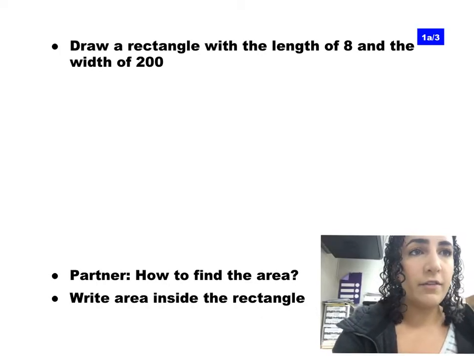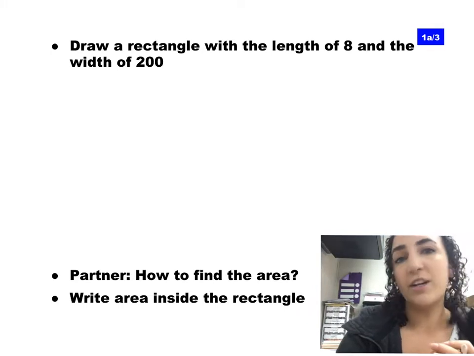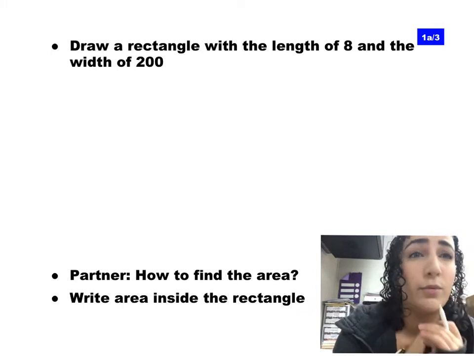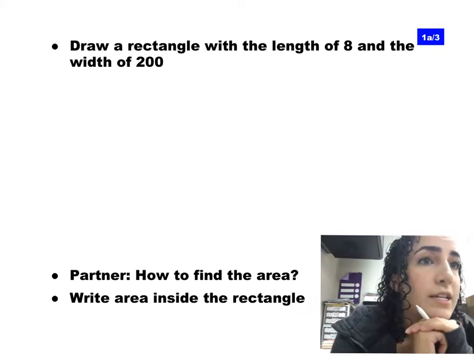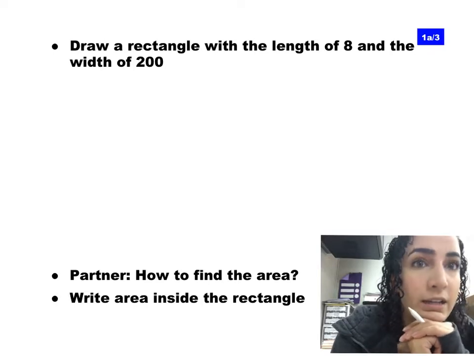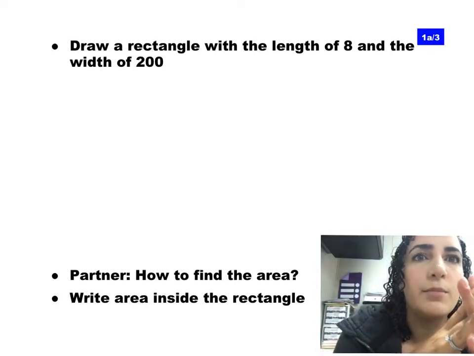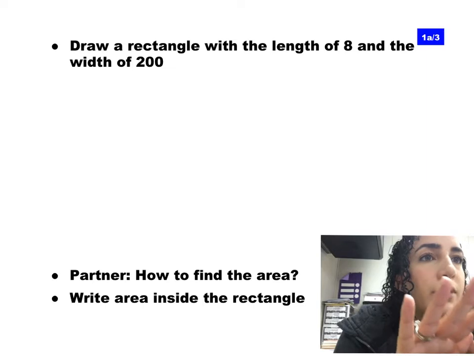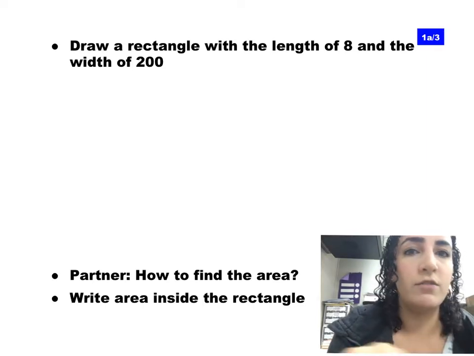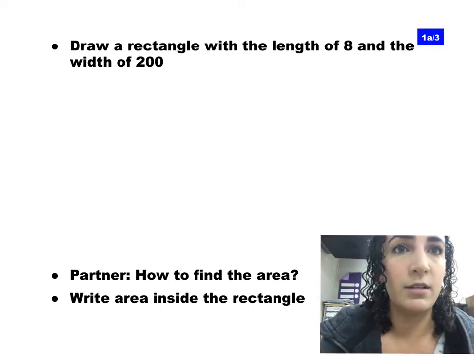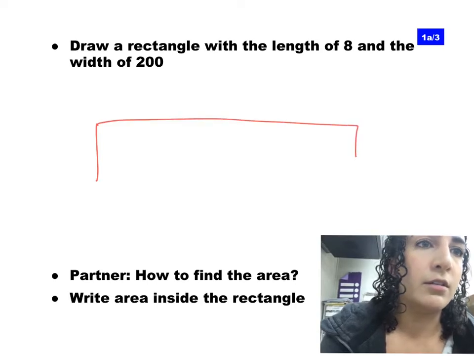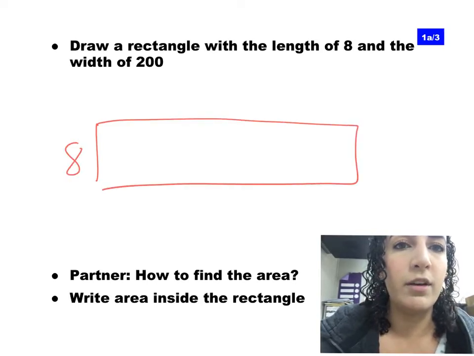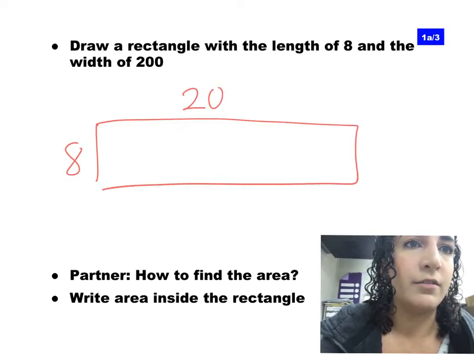All right, so here we have a set of directions, and I just want you to follow along on your desk with what I'm doing. So draw a rectangle with the length and width, reading helps. Draw a rectangle with a length of 8 and the width of 200. Okay, I can do this. So a rectangle with the width of 8 and the length of 200.